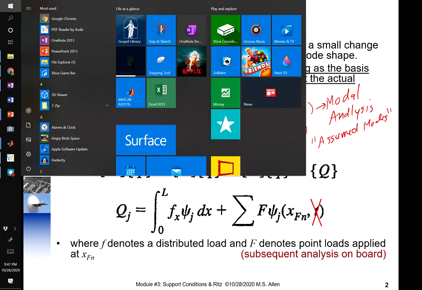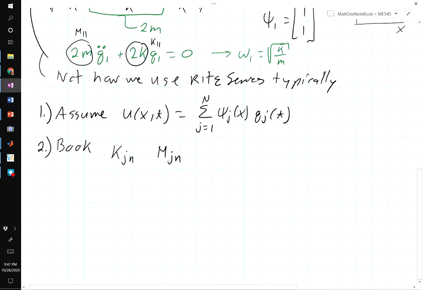Alright, so let's go back to our example. So that's the second step, is we go to the book and we get those terms, for j equals 1 up to n, up to however many terms we need, right? And for n equals 1.